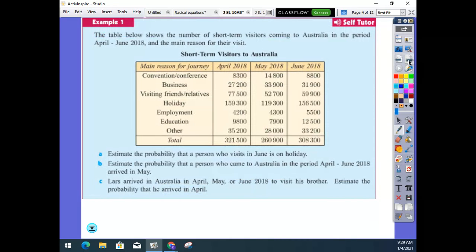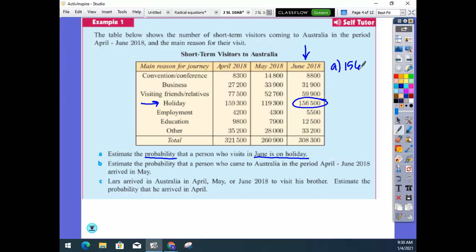All right, so this table shows the number of short-term visitors coming to Australia during this period of time. Estimate the probability that a person who visits in June is on holiday. So here is June. Here is the holiday. So what we're going to do for letter A is just calculate.